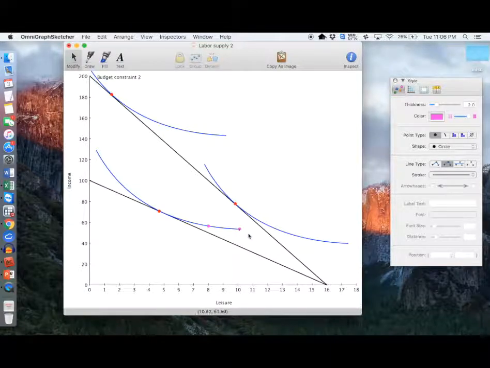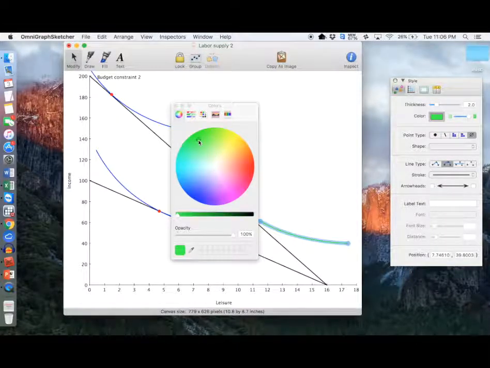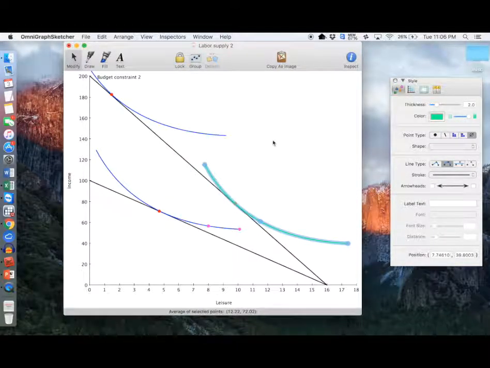According to the initial indifference curve, these two pink points are equally good, which means that getting 2 hours less leisure and very, very little extra income makes the person equally well off. If you think about this same trade-off for going from 10 hours to 8 hours for the indifference curve I've drawn up here, which I'll put in green, maybe a little darker so it's easier to see.